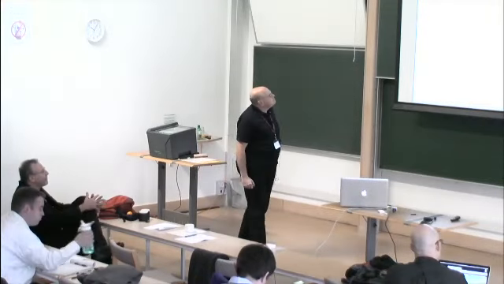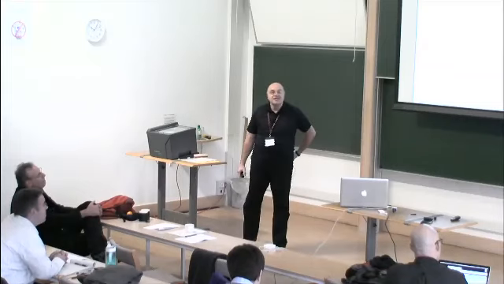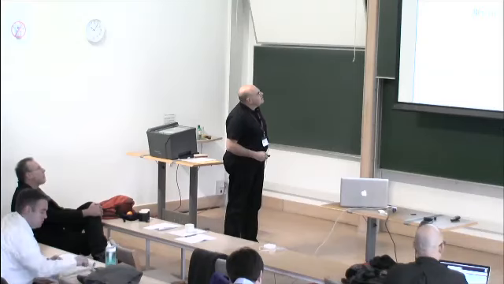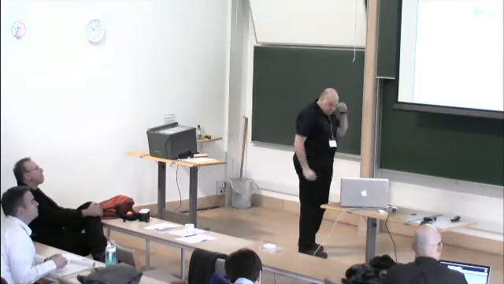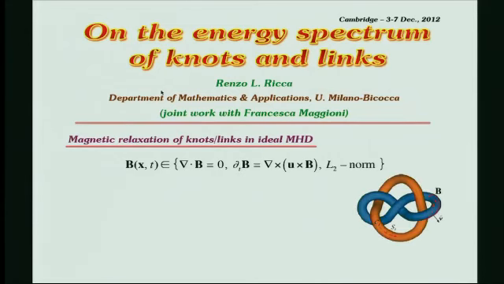Okay, so this is a joint work with Francesca Maggioni, and is very much based on Keith's previous works. I'll consider a very simple approach of ideal magnetohydrodynamics, and my field B is given as a divergence-less field embedded in tubular structures that might be linked or not, and I assume that the field obeys this ideal induction equation, and these have finite energy.